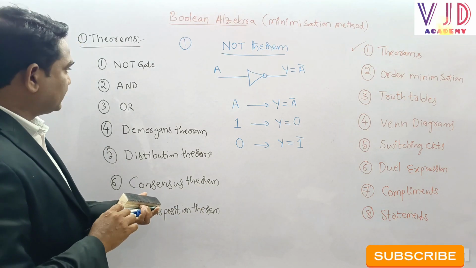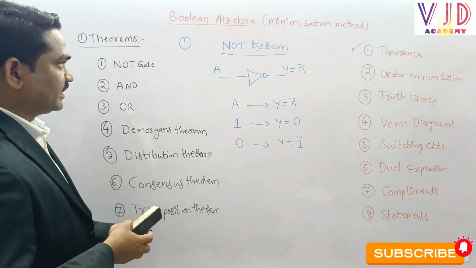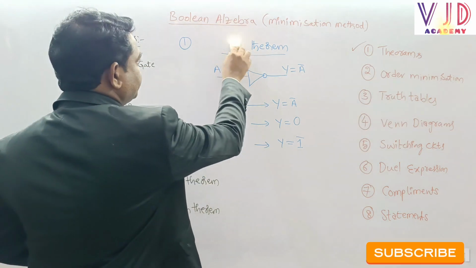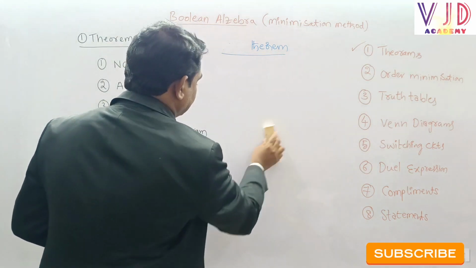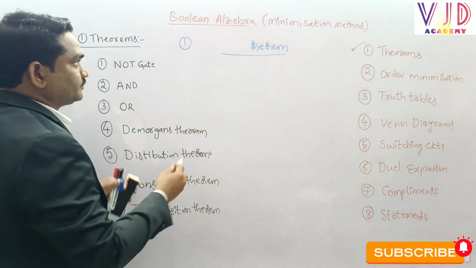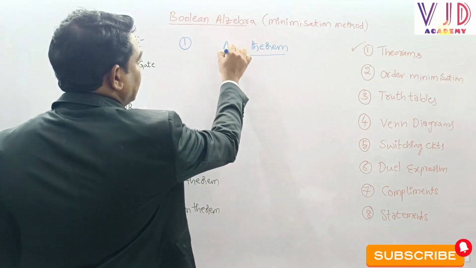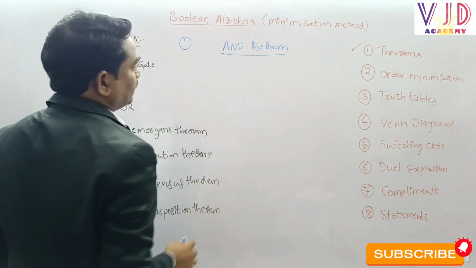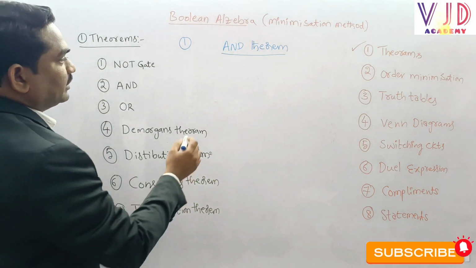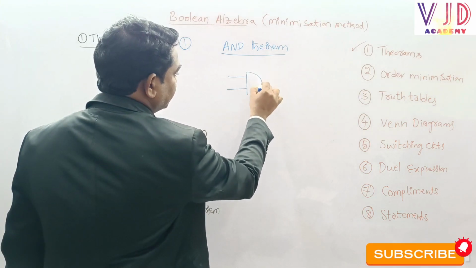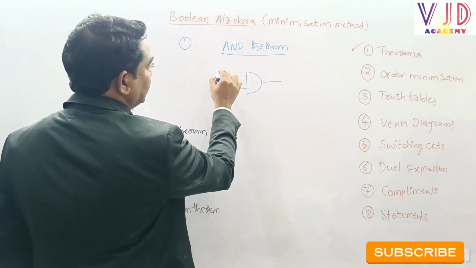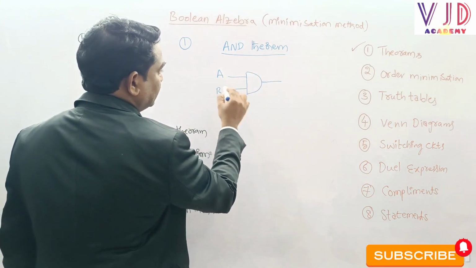Now let us see the second theorem, the AND theorem. We know the logic circuit is this one: an AND gate with A and B as inputs.